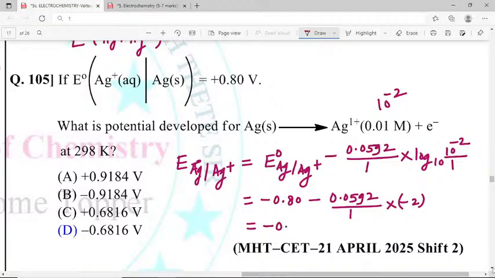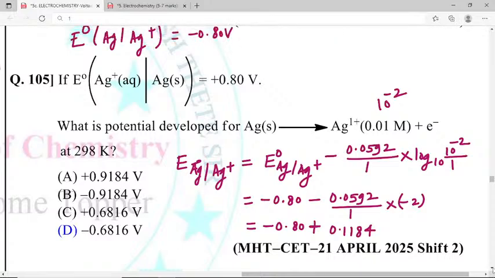Minus 0.80 minus, and take 2 times that. Minus minus becomes plus. So how much is the value here? 9, okay, 4, this is 4, 18, 5, 10, 11, so 11 and 0, okay, clear, and it is equal to minus 0.6816 volt. So option number D is correct.